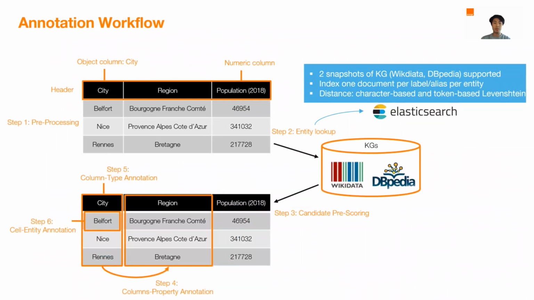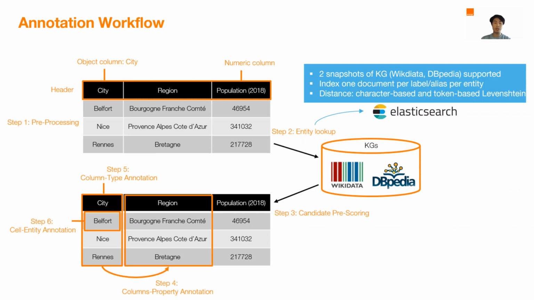Our annotation system consists of 6 steps as depicted in this figure. First, given a relational table as input, a pre-processing step is applied to each table metadata and determines the annotation targets. Then, the entity lookup collects candidate entities from the canonical graph for each target table cell.